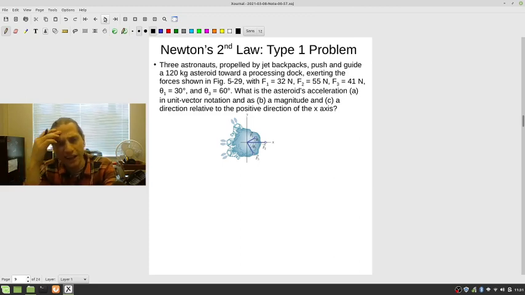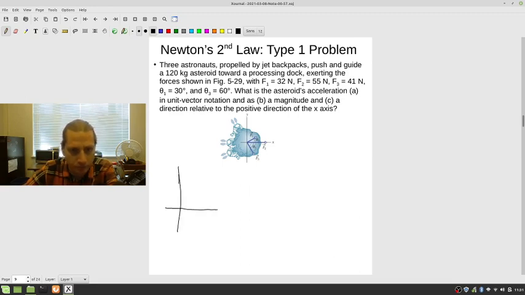The Newton's second law types of problems, there's basically 2 types of problems that you should expect to run into. The first type, you saw this as a homework problem some time ago. In this one, you have 3 astronauts, three forces. So you've got a 32 Newton force at 30 degrees.